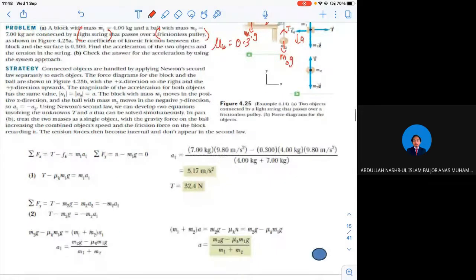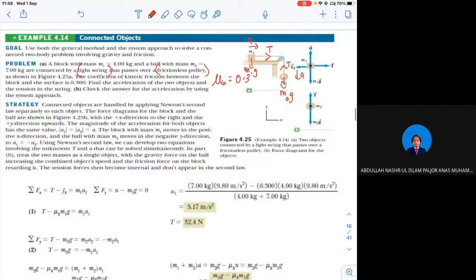Now we have, first of all, look at this part, T minus Fk, because you have mu k, the friction between the box and the surface of the table. So this should be the direction of Fk. So T minus Fk equals m1a.